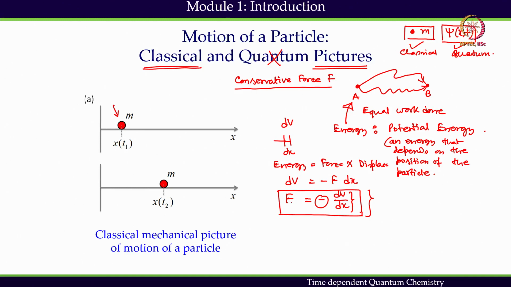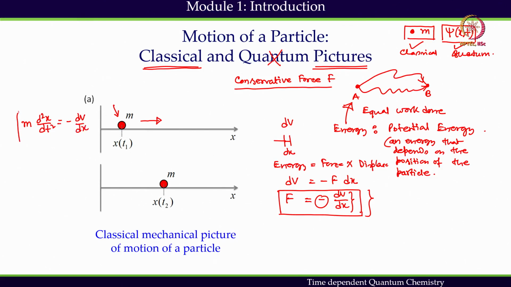We have this negative sign. So now let us assume that the particle is moving along the positive x direction, as I have shown here, under the conservative force. When it is moving, at that time I can use Newton's equation of motion, which is nothing but m d2x/dt2 equals minus dV/dx.